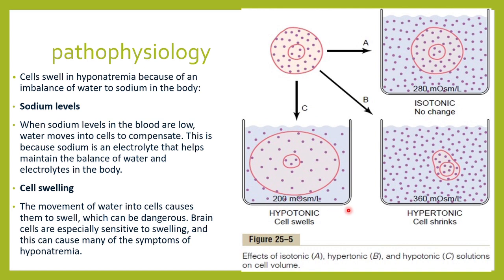Sodium is seen mostly in the extracellular fluid. In hyponatremia, the sodium level is very low, so water moves into the cell to compensate. Sodium is an electrolyte that helps maintain the balance of water and electrolytes in the body. This cell swelling causes a lot of damage, especially in the brain.